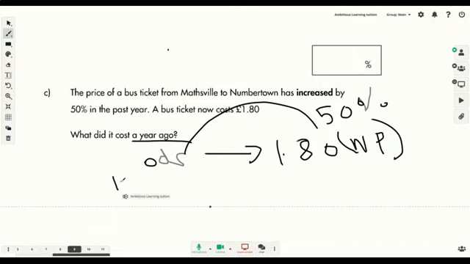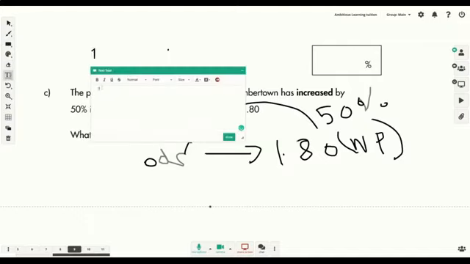So I will do it. I'll show the working out here for this one. It is £1.80 divided by 1.5. That gives you 18 divided by 15. That is 6/5.